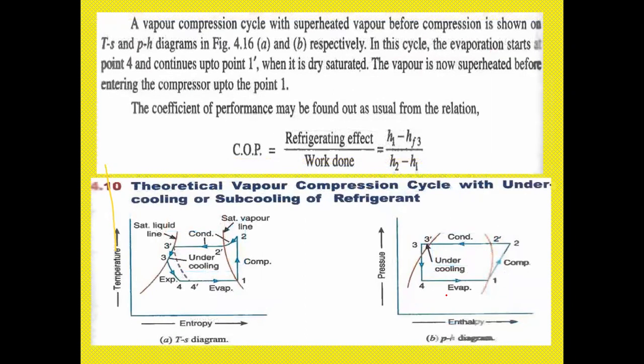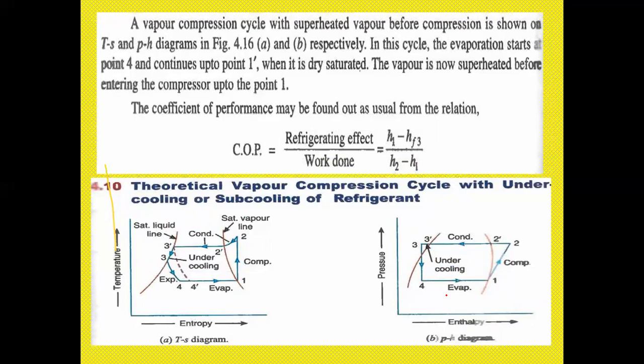Now, based upon this superheated vapor before compression shown in the figure, the cycle evaporation starts at point 4 and continues up to point 1 dash with the dry saturated vapor.